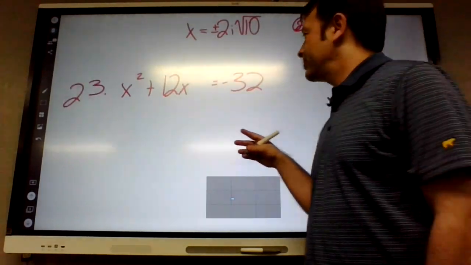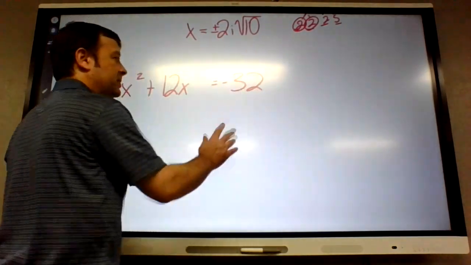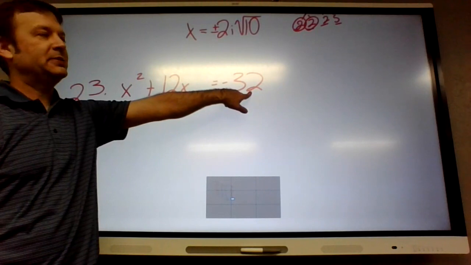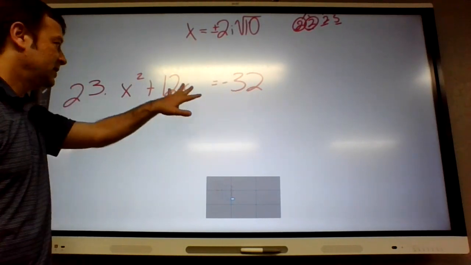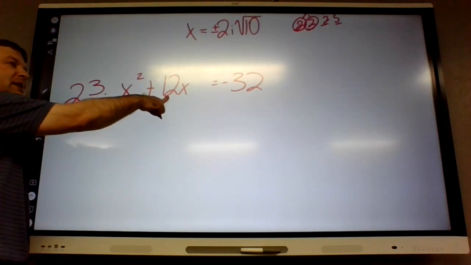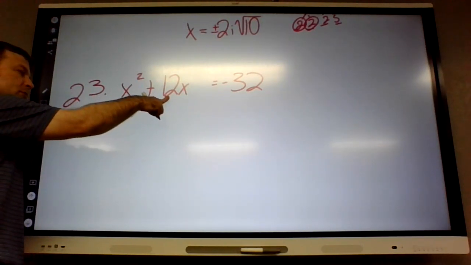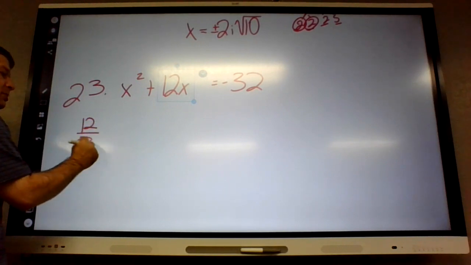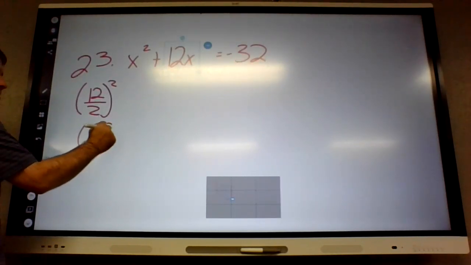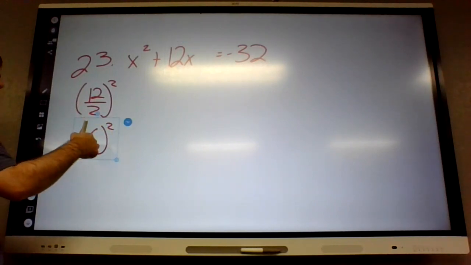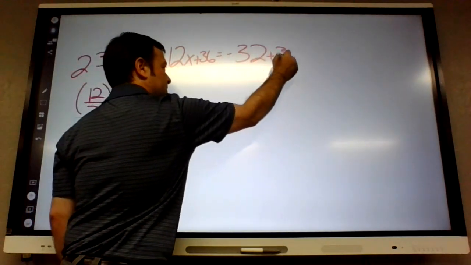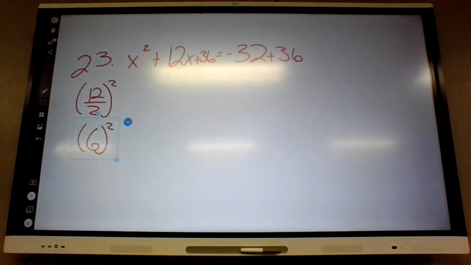Okay, so first off, on completing the square, you do actually want the constant to be on the right. Like we want to keep the 32 over there. The magic trick was you take the number in front of the x, you divide it by 2, and then you square it. You guys remember doing this? So the number is 12, divided by 2 is 6. 6 squared is 36, and you add 36 to both sides.